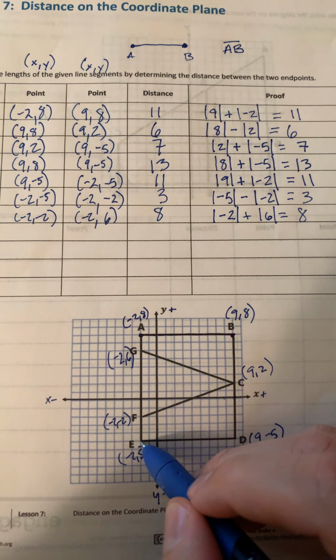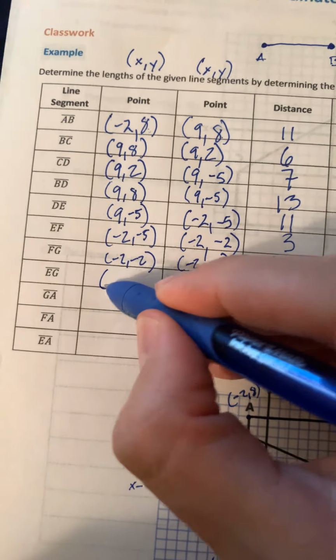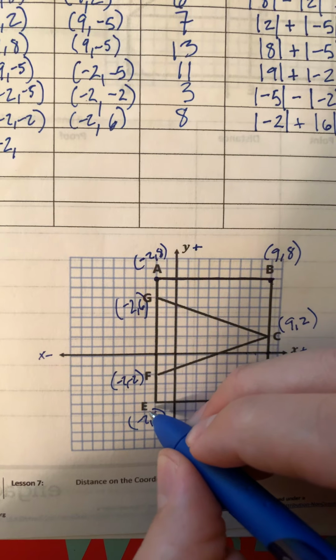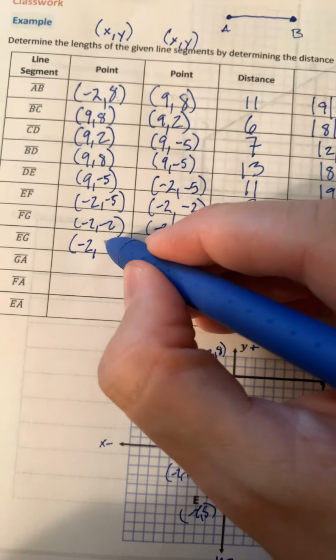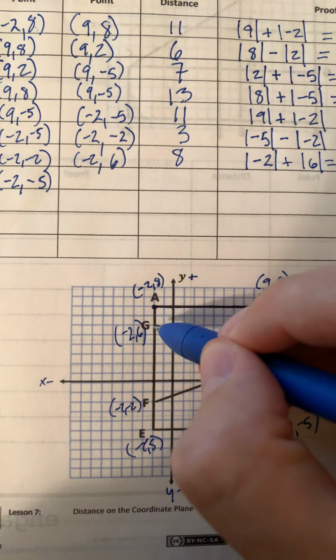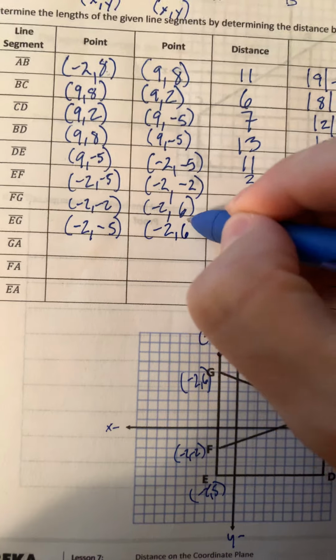All right, and now we're going to find from E to G. E is -2, -5, I'm sorry, I forgot to label that, -5. And G is -2, +6.